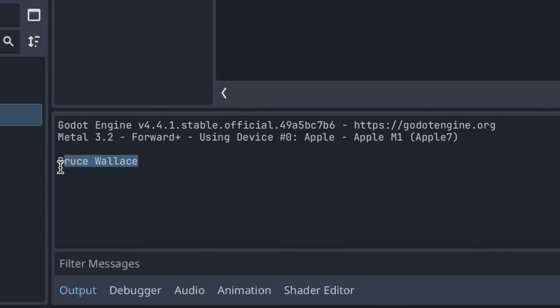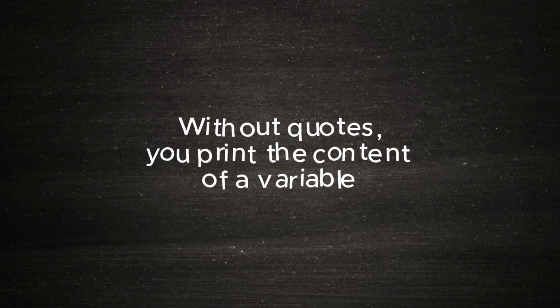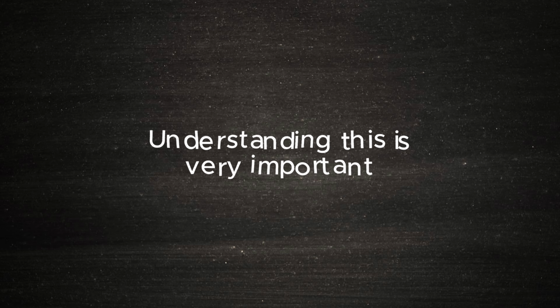So the console shows Bruce Wallace in this case. That's the big difference. With quotes, you print exact text. Without quotes, you print the content of a variable. Understanding this distinction is very important for what is coming next. Feel free to rewind the video to watch this section again if it's still unclear.